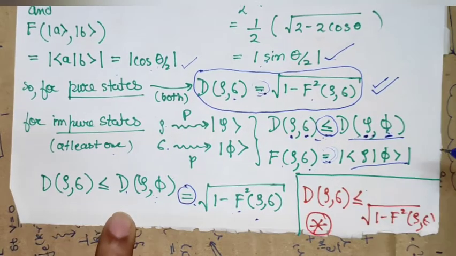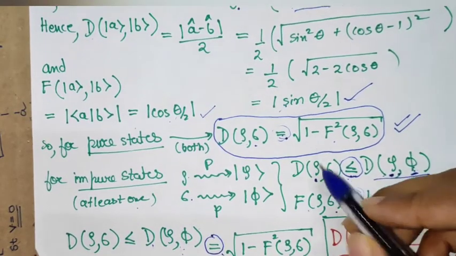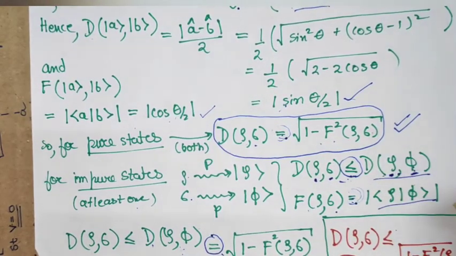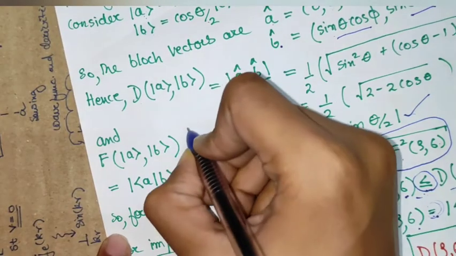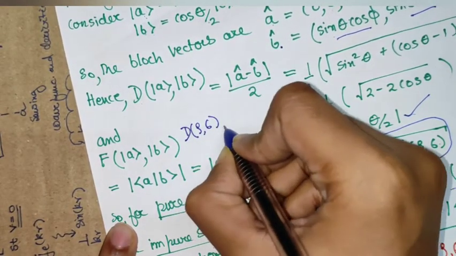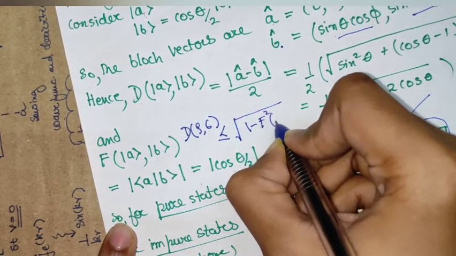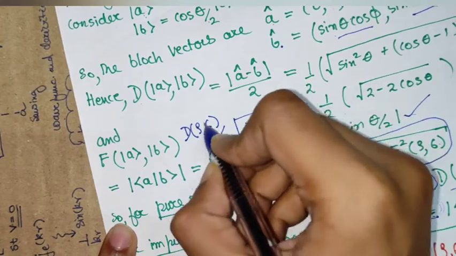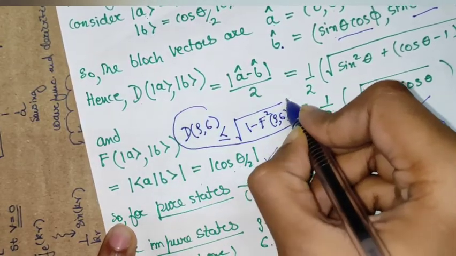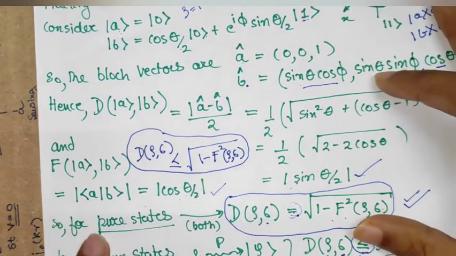So let me write the final result. d of rho sigma is always less than or equal to the square root of 1 minus f squared of rho sigma. So this is what we managed to show.